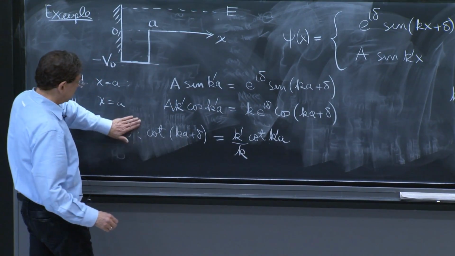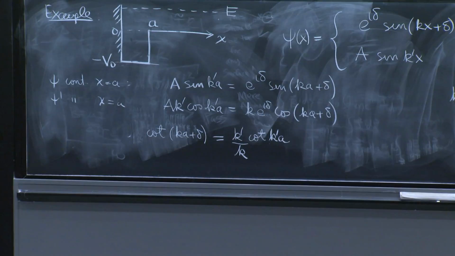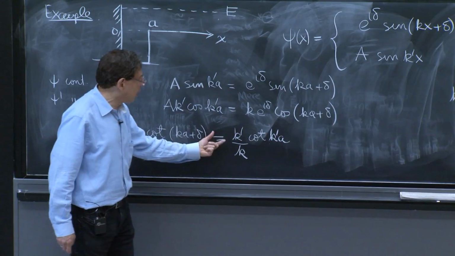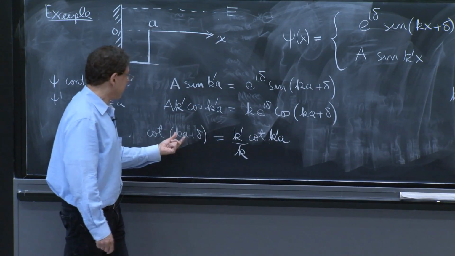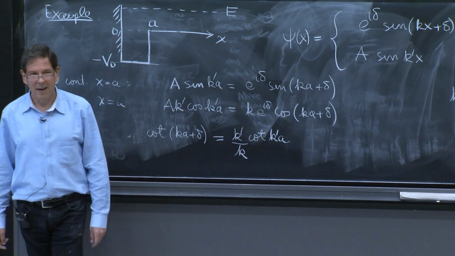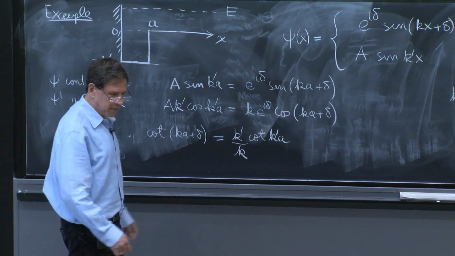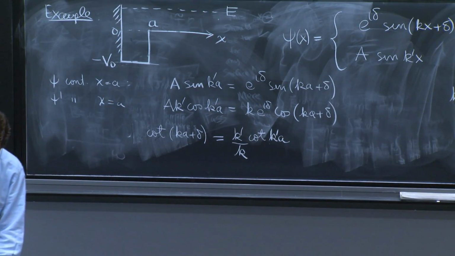I will erase this. And now you can do two things. You can display some trigonometric wizardry, or you say, okay, delta is arc cotangent of this minus ka. That is okay, but it's not ideal. It's better to do a little bit of trigonometric identities.